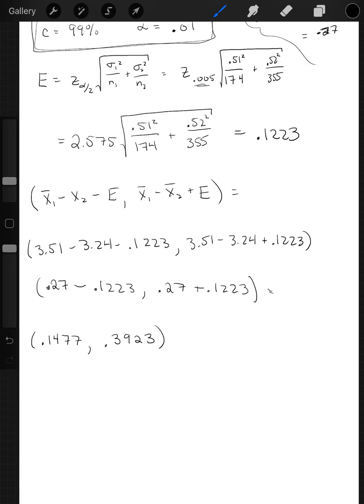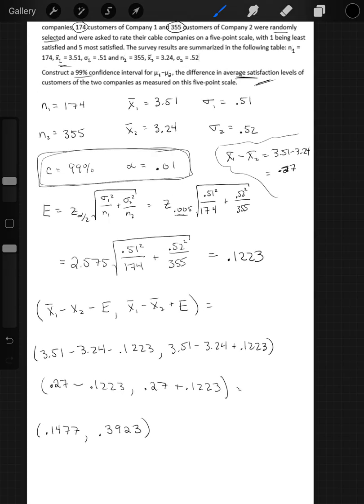So we are 99% certain that the mean difference lives in there, right?